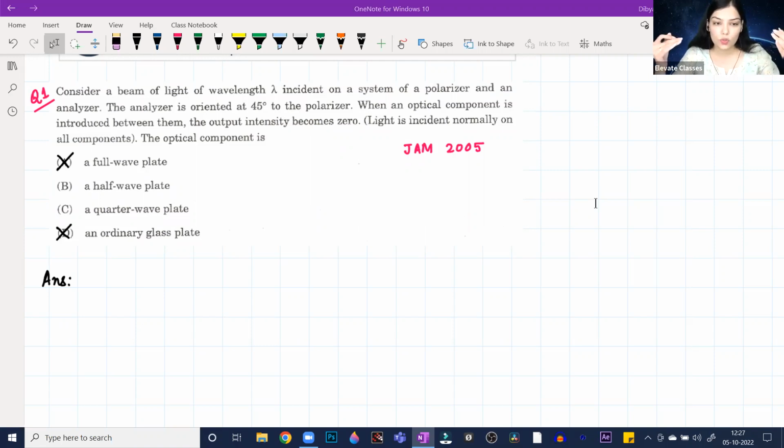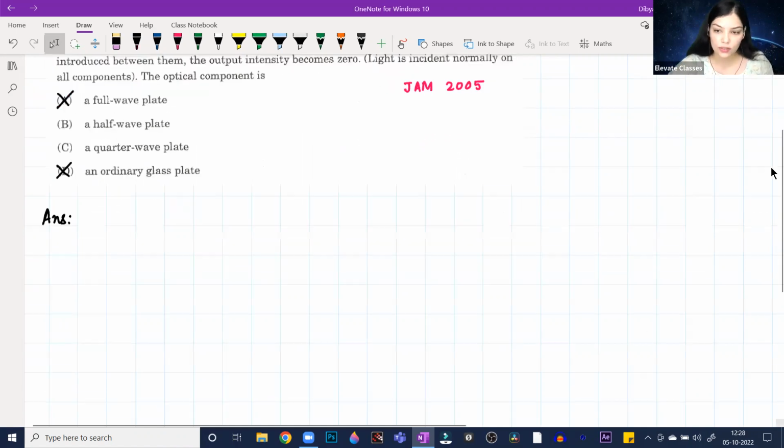So first you have to see in the question whether you want to change the state of the polarization of the light or not. If you do not want to change the state of the polarization, then you need to use a half wave plate. But if you want to convert light from plane to elliptical, or plane to circular, or circular to plane, or elliptical to plane, then you need a quarter wave plate. Okay. So in this question, we do not want to change the nature of the light.